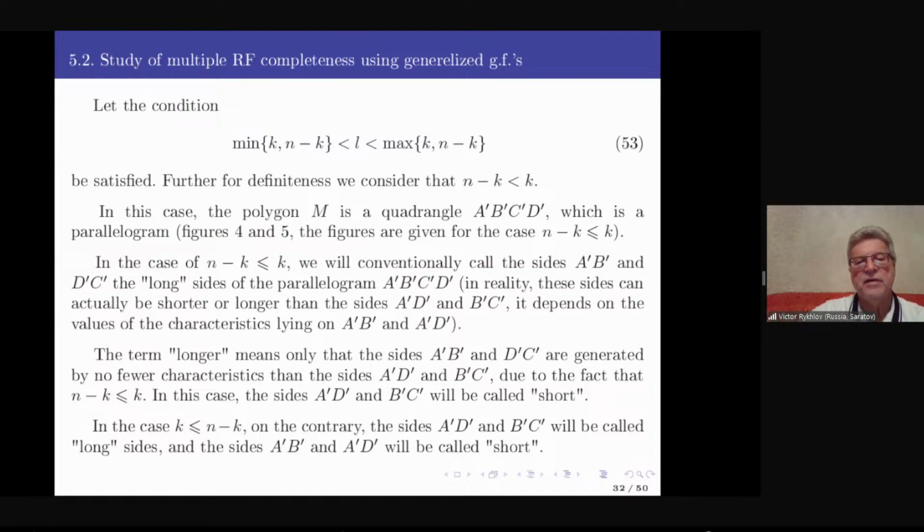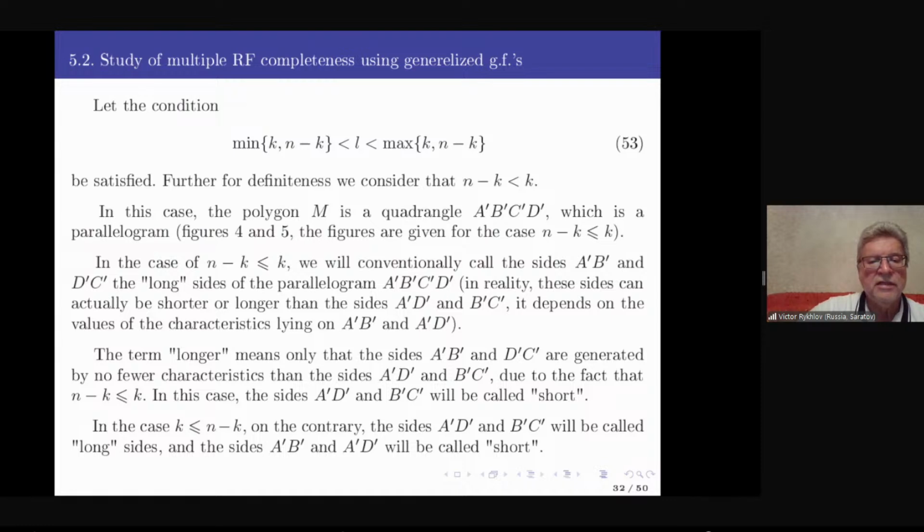In reality, these sides can actually be shorter or longer than the sides A prime, D prime, and B prime, C prime. It depends on the values of the characteristic line on A prime, B prime, and A prime, D prime.